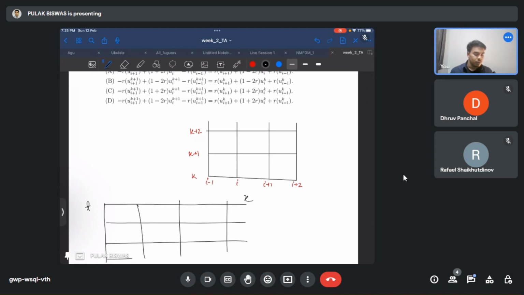If you want to compute in a computer, like in MATLAB or Python, you will define one array for time and one for x, and your solution matrix will be a 2D array, and in that array only integer indices can fit, like first row first column, first row second column.